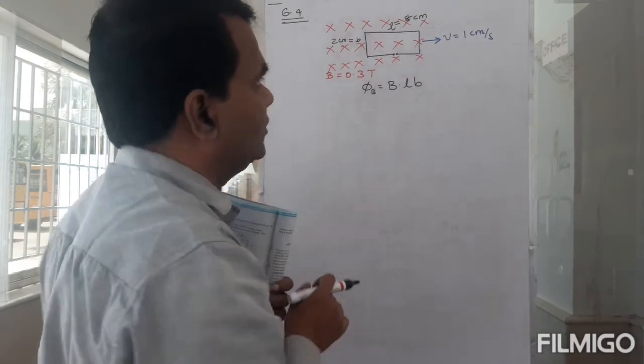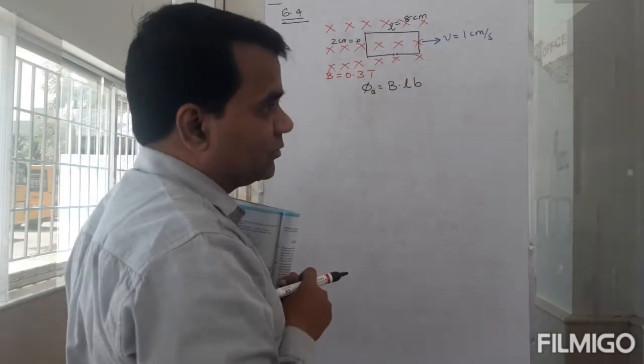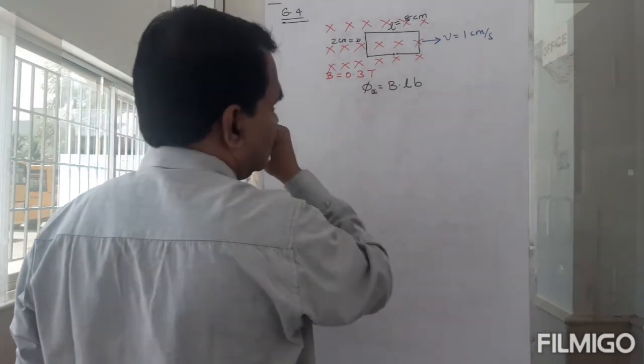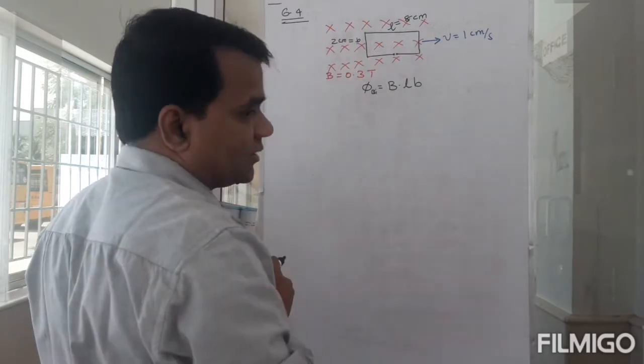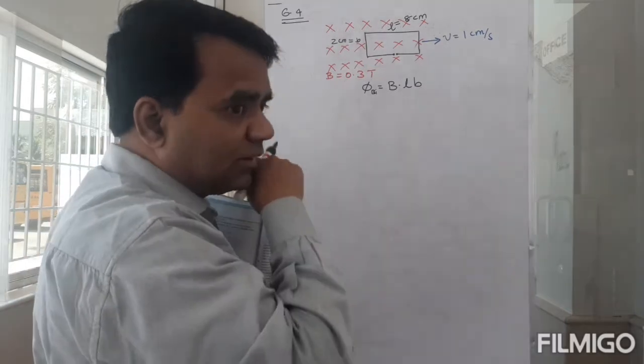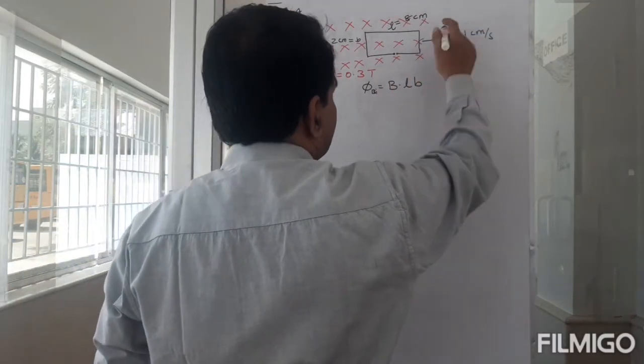That's the flux now. As I take it out, the flux is going to change. So that is my initial flux. At any point in time, there would be a change in the flux as I take it out.